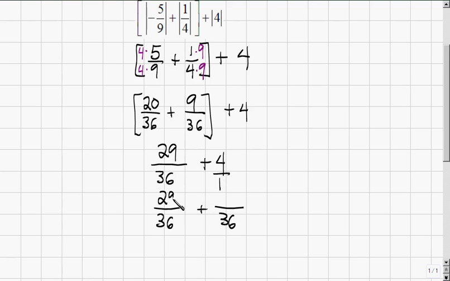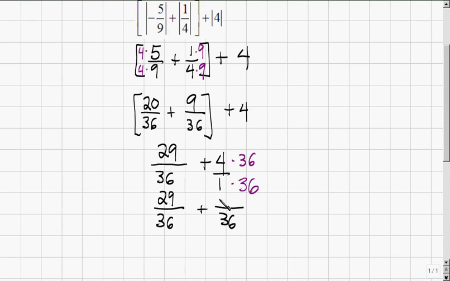The first fraction remains the same, 29/36. Let's multiply our second number, numerator and denominator, by 36. So multiplying the denominator by 36 and numerator by 36, we'll have a common denominator of 36.